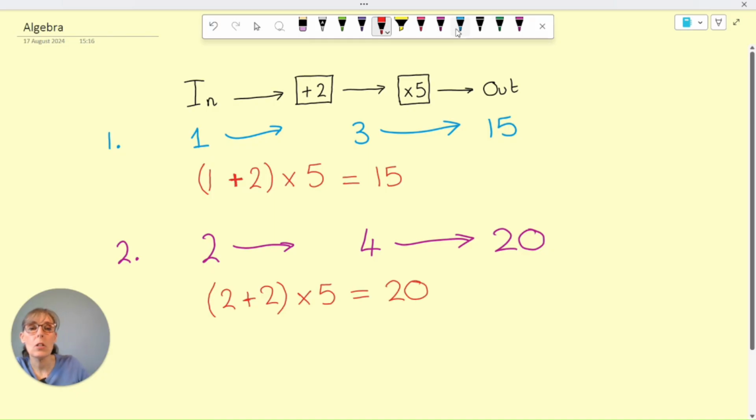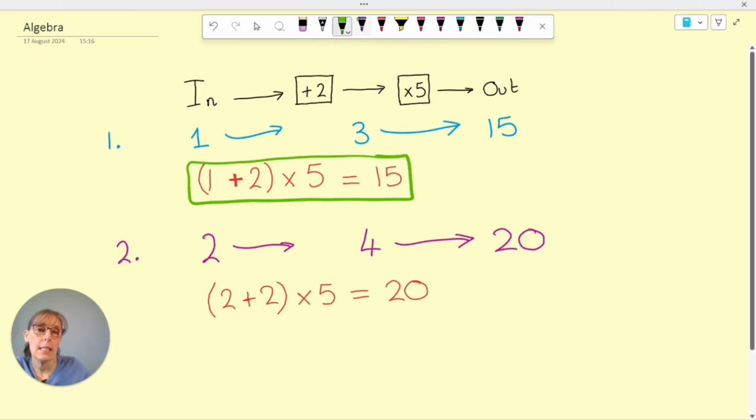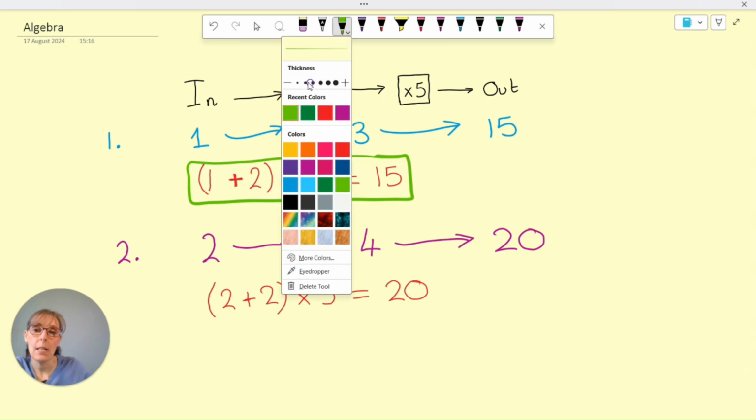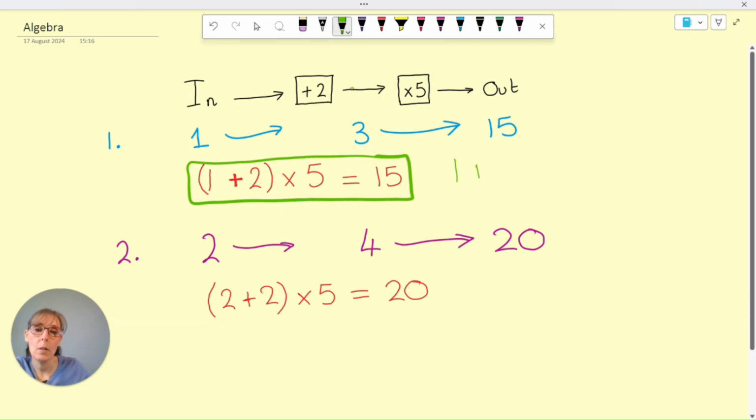Now the reason why we put it in brackets is because, say if we didn't do it in brackets, say if we did 1 plus 2 times 5, that would be 11. And that's because, hopefully some of you are yelling at me, BODMAS, BIDMAS, yeah.